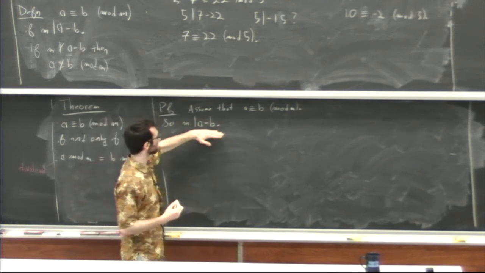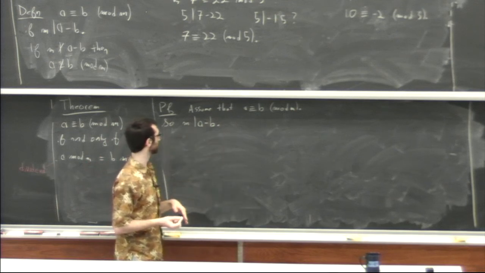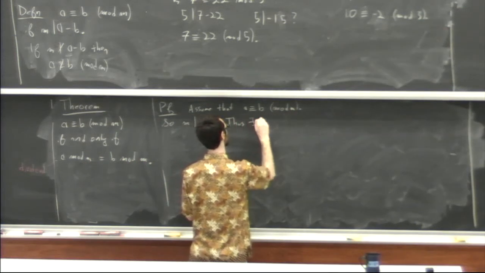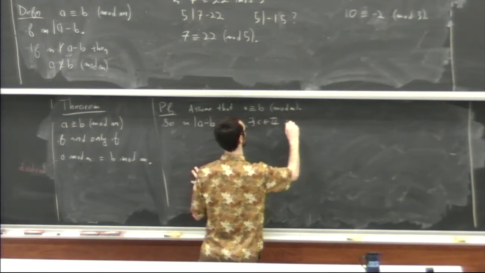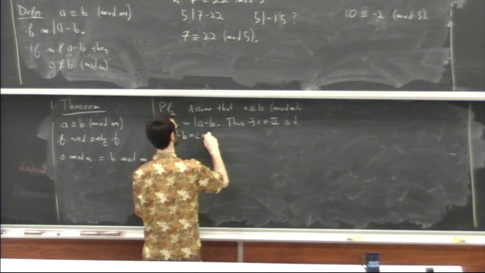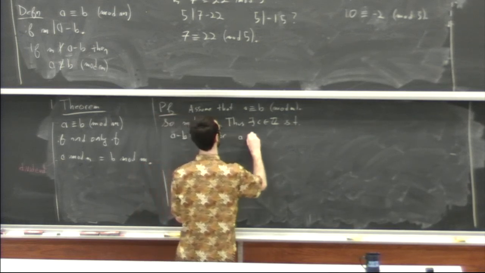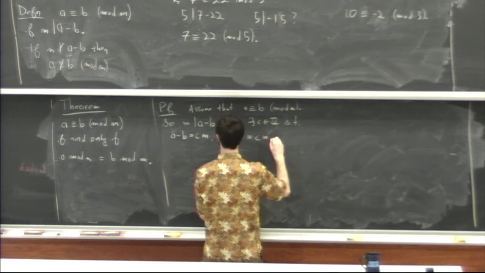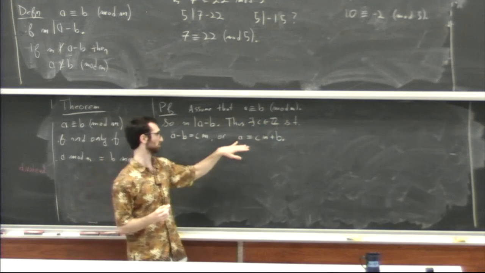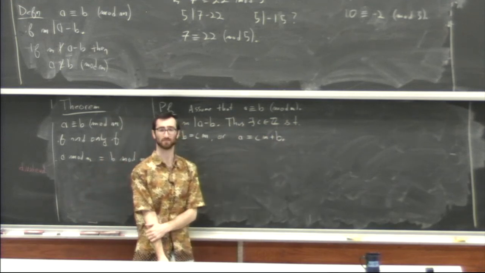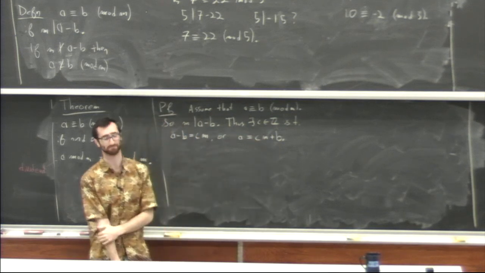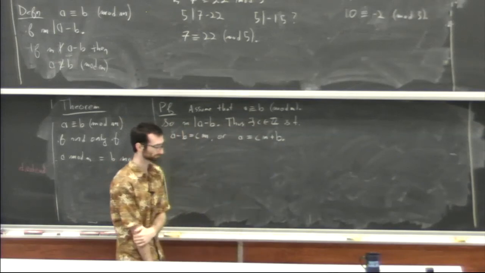Well, it means I can find some number C such that A minus B is equal to C times M. Thus, there exists a C in Z such that A minus B is equal to CM, or A is equal to CM plus B. Okay, so now I have some nice relationship between A and B. Their difference is divisible by M. This is what I get from my assumption.